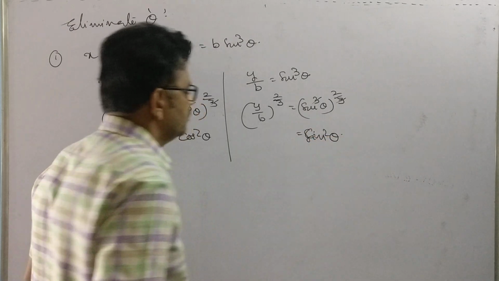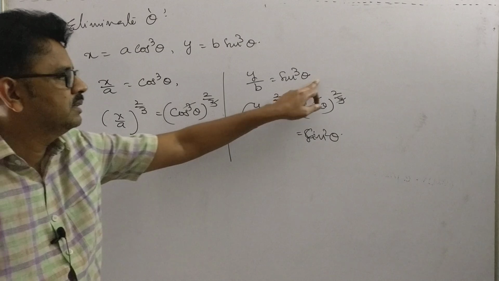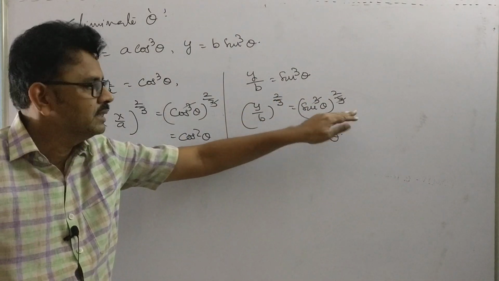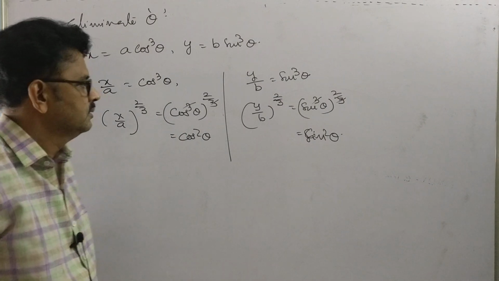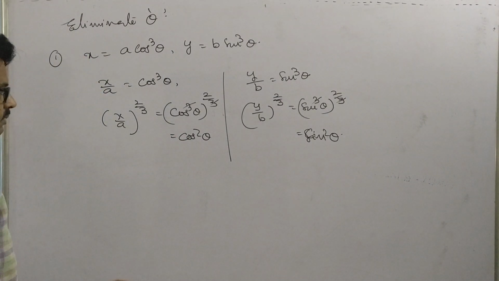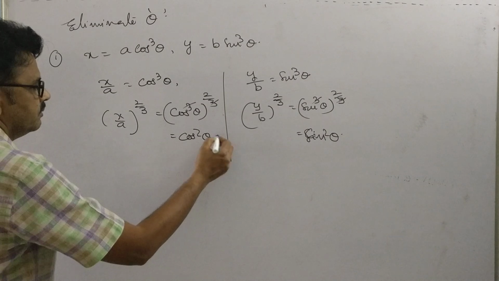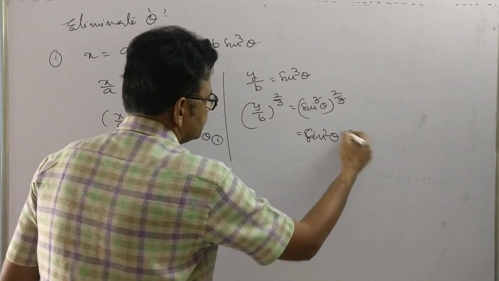Why are we raising the power to only 2 by 3? Because we know sin square theta plus cos square theta equal to 1. So let this be 1 and this be 2.